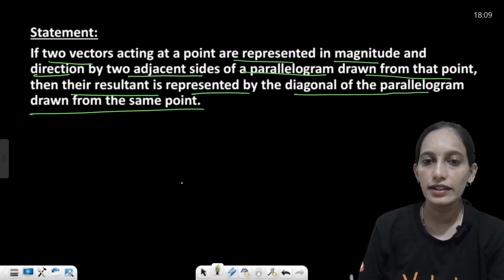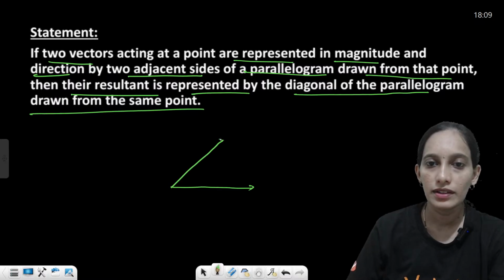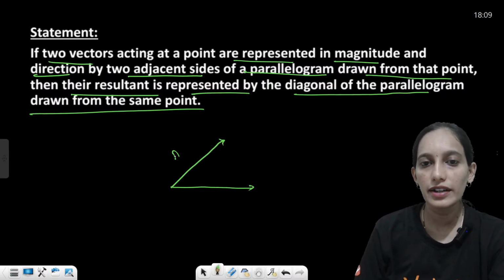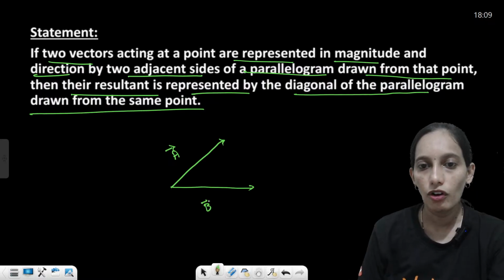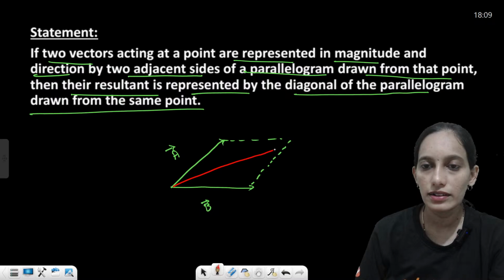Two vectors are represented by two adjacent sides of the parallelogram, then the diagonal is going to give us the resultant of those two vectors. So just construct the parallelogram, draw the diagonal.